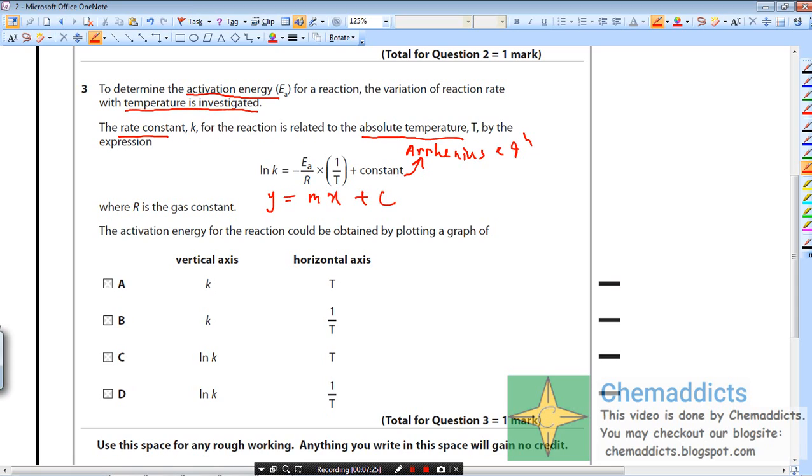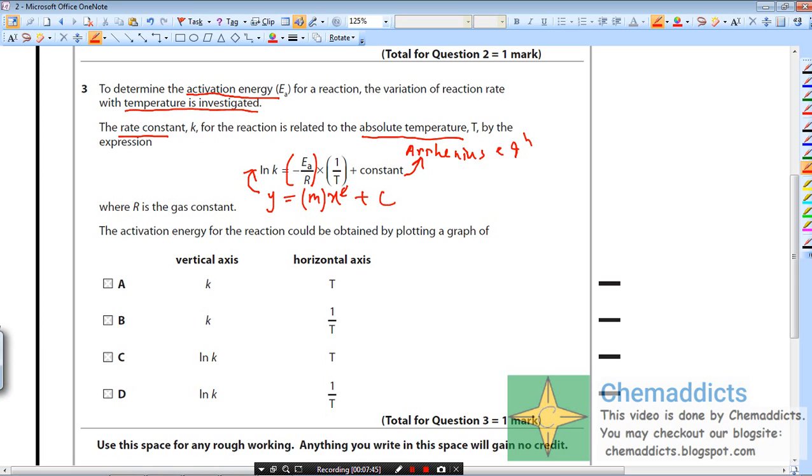If we compare, then y is equal to ln k, m is minus Ea by R, and x is 1 by T. This is x and this is the constant.